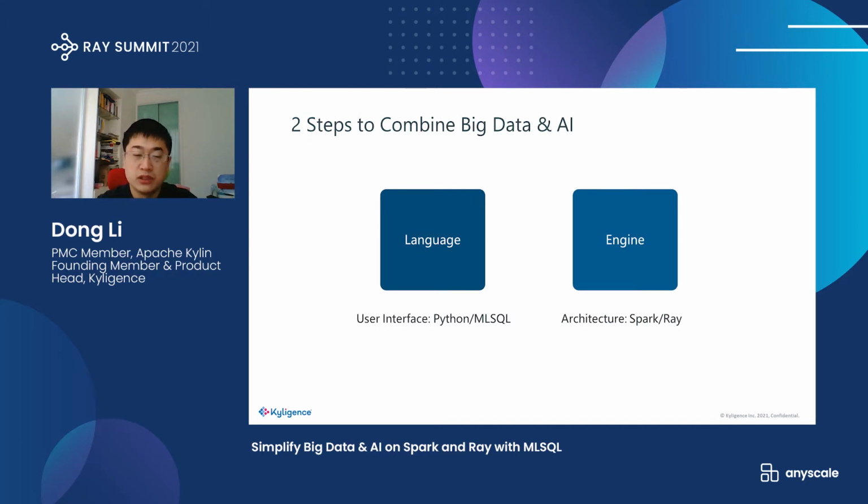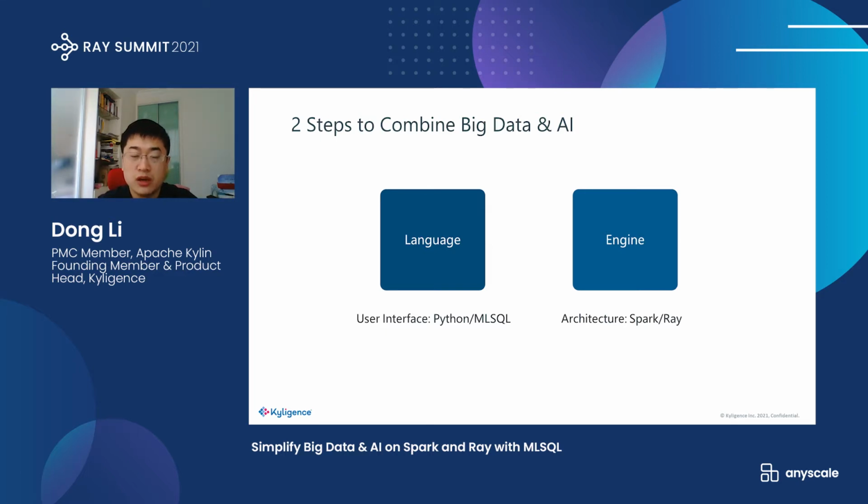With ML SQL, users can simply write SQL statements to finish AI jobs on big data instead of writing Python scripts. The second one is the engine, the underlying system used to execute the job and compute the data in a distributed way.